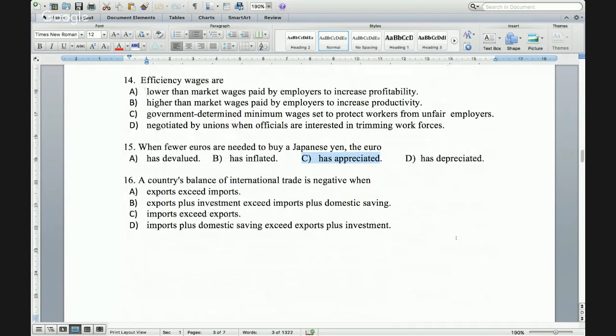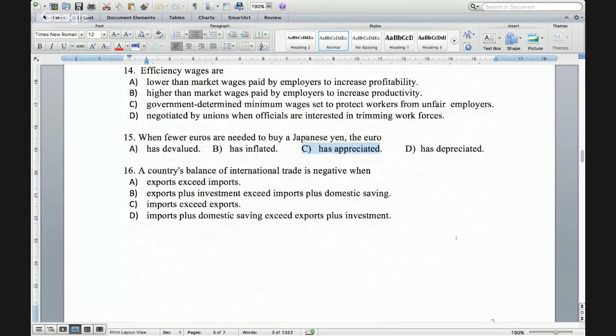A country's balance of international trade is negative. Okay. So again, we have exports and imports. You're going to be focusing on A and B here because they solely deal with imports and exports. So which is it?